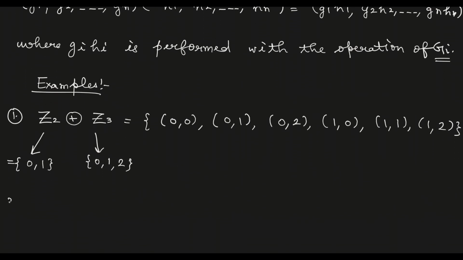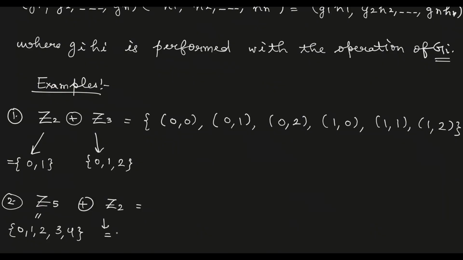Second, Z5 direct sum Z2. So Z5 is 0, 1, 2, 3, 4.